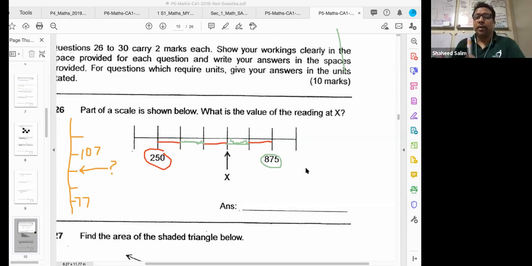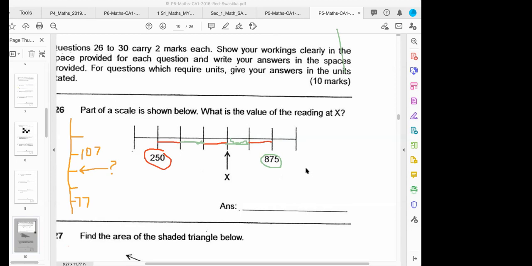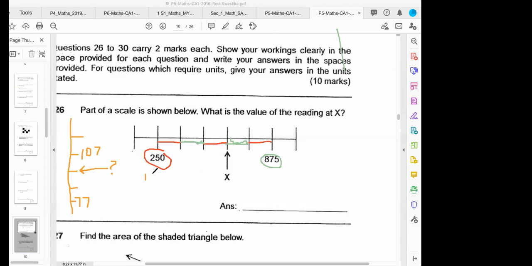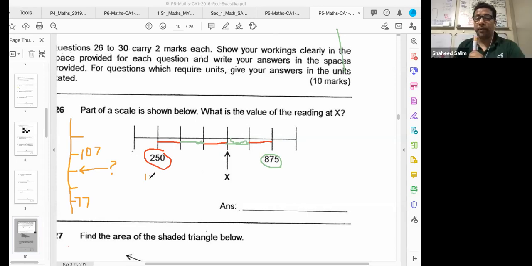So step 1, we take 875 minus 250. You can do the orange one also together with Shalina. I think your answer is 625.